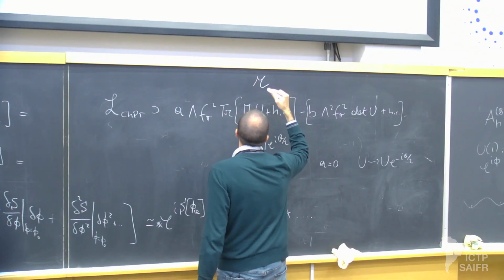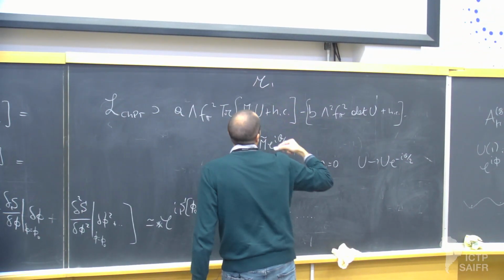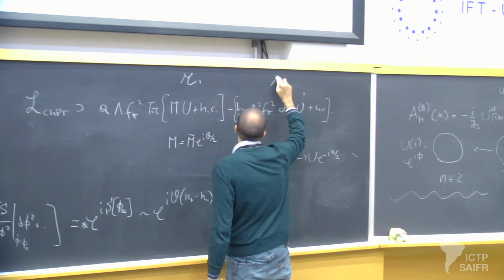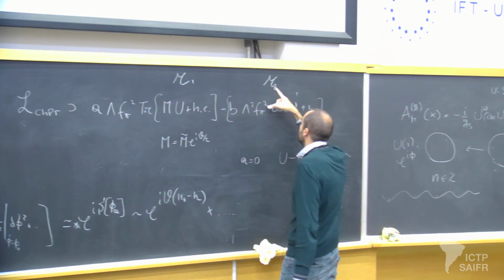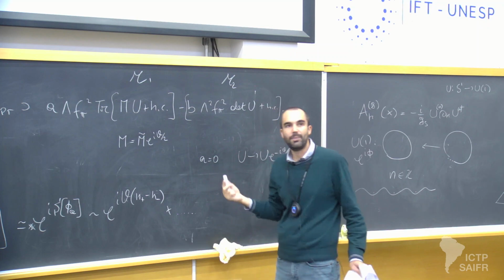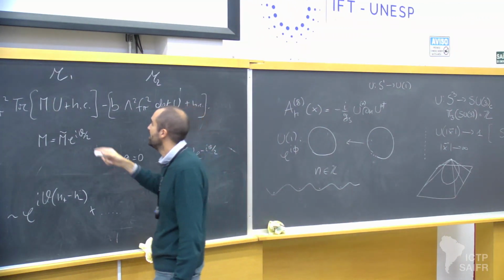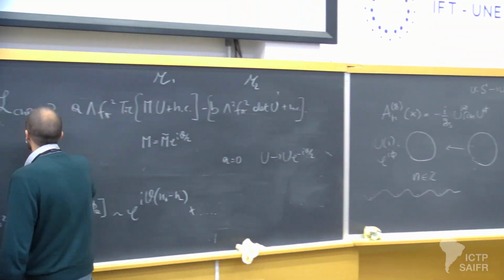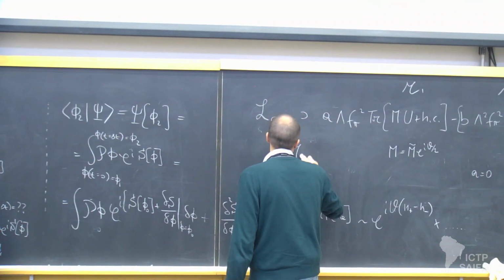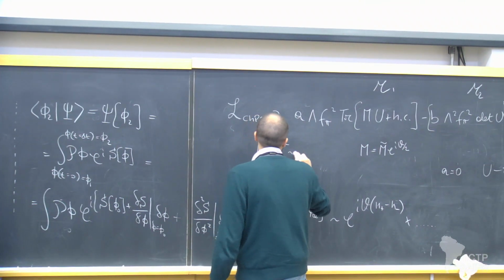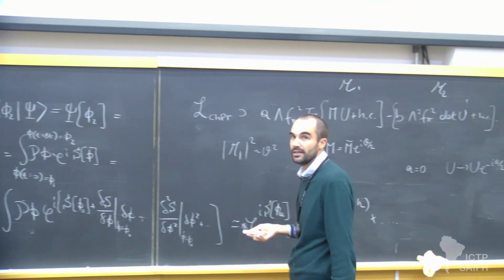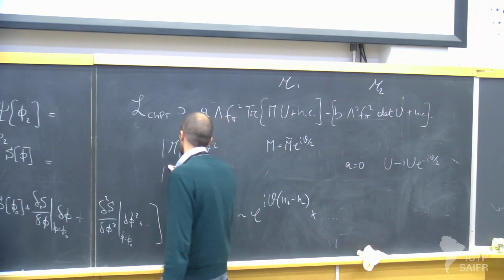I'm going to call the matrix element M1, and this is going to mediate some other process M2. If theta was a coupling like any other, then when we compute something physical like M1 squared, you would still have some contribution that looks like this, or like this.